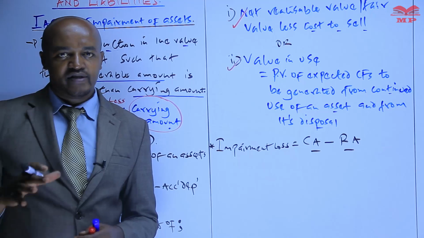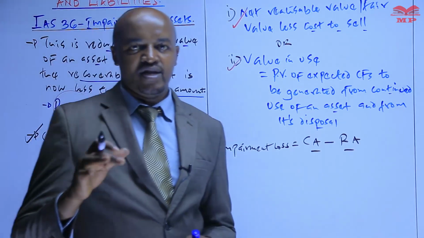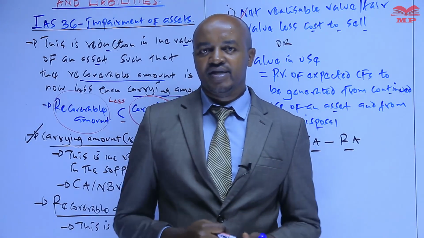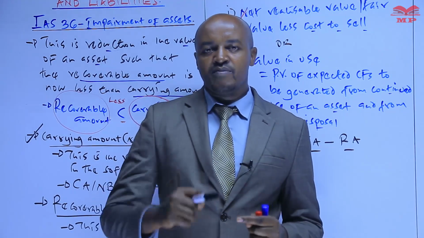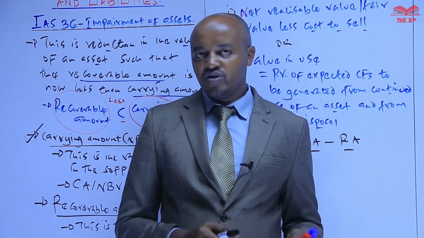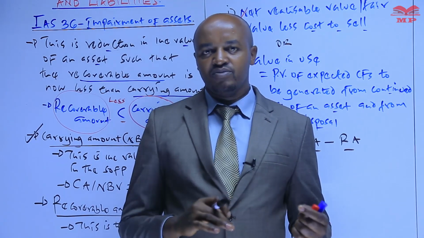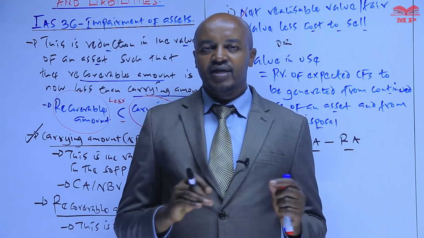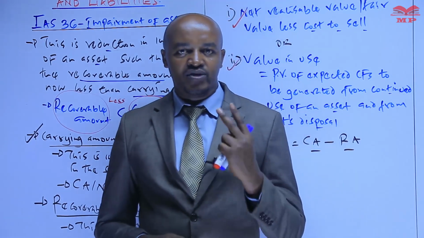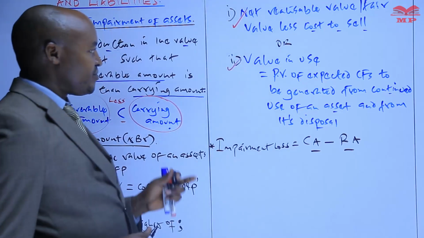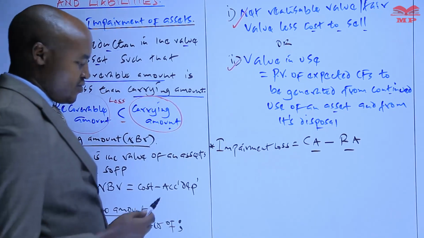So that is the first thing you need to know here, that impairment of the asset is that particular reduction in the value of the asset such that now the recoverable amount of the asset is less than the carrying amount. And basically, you have said that the carrying amount of the asset is the same as the net book value, and then the recoverable amount is the higher of two values, the value in use and also the net realizable value.